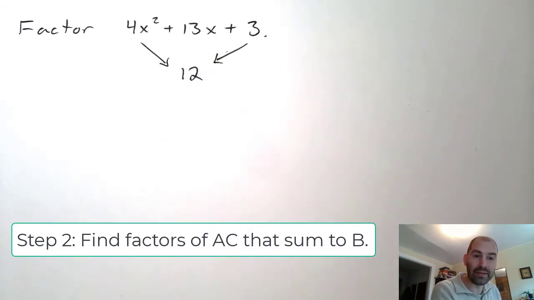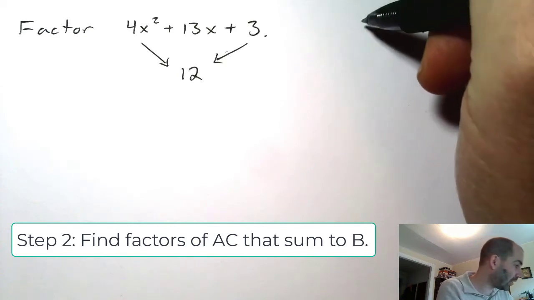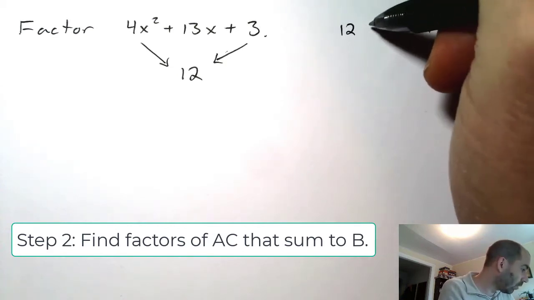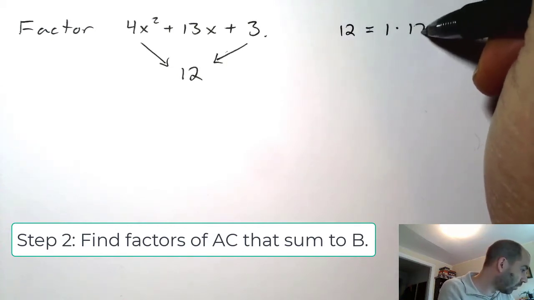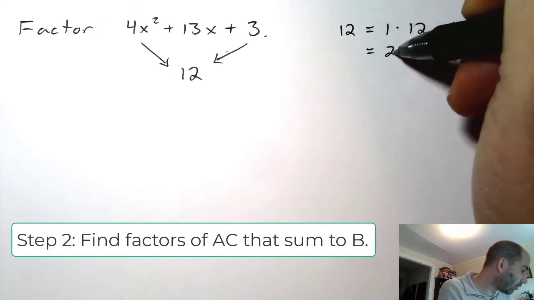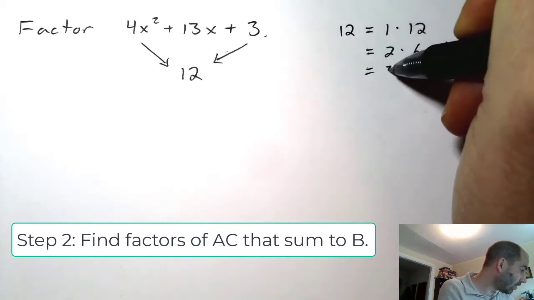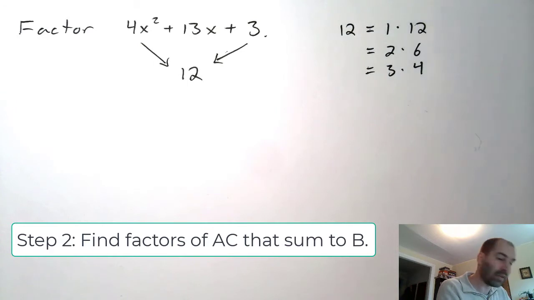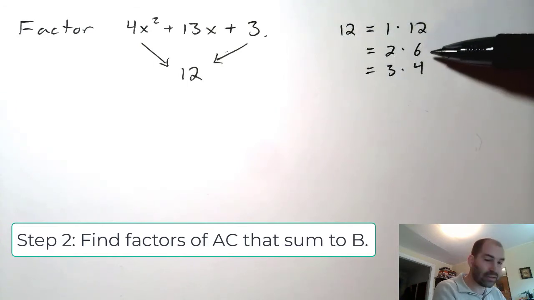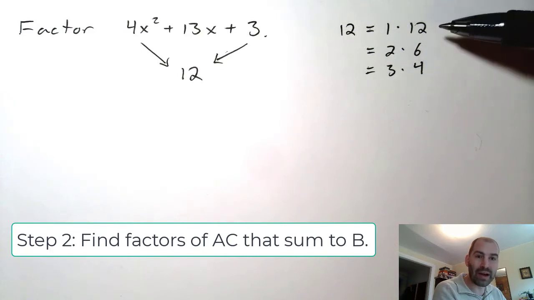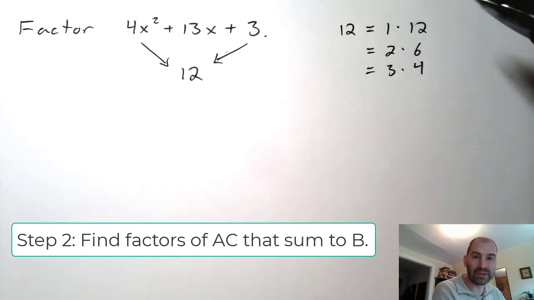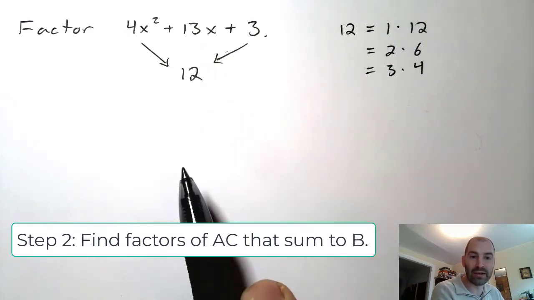So let's factor 12. How does 12 factor? Well, 12 factors as 1 times 12, or you could do 2 times 6, or you could do 3 times 4. Those are 3 different ways to factor 12. Now I'm going to look at these factorizations and try to find the pair of numbers that add to 13.